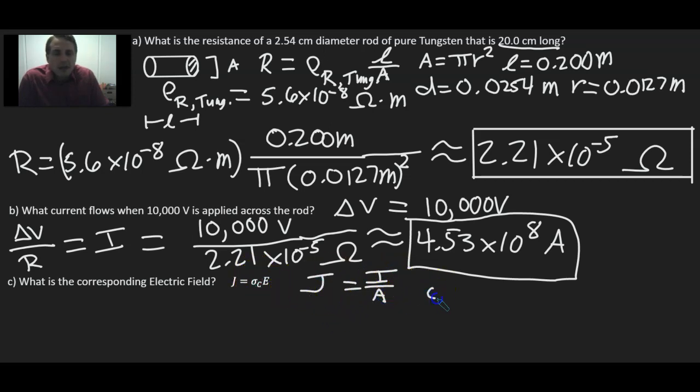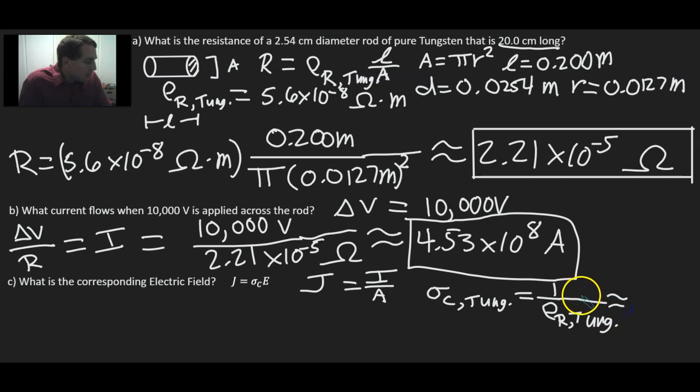And sigma C is the conductivity, in this case, of the tungsten. Now the conductivity is the same thing as the reciprocal of the resistivity. And because I looked that up, that turns out to be approximately 1.8 times 10 to the 7th, and that's going to be units of 1 over ohm meters, because it's just the reciprocal unit of the resistivity.